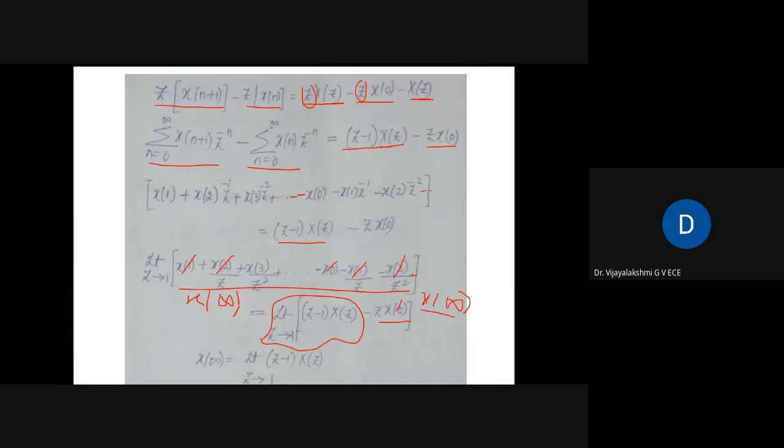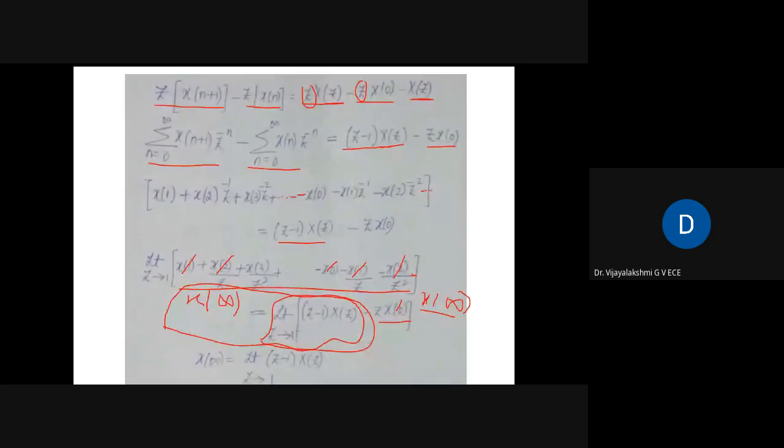On the right hand side, what I have? Limit of z tending towards 1, z minus 1 into x of z. So that's how we found out the final value x of infinity by using x of z into z minus 1 and applying the limits. So this is about the final value theorem.